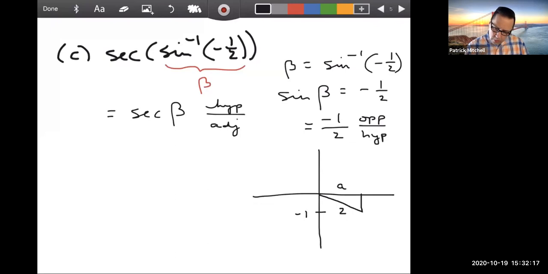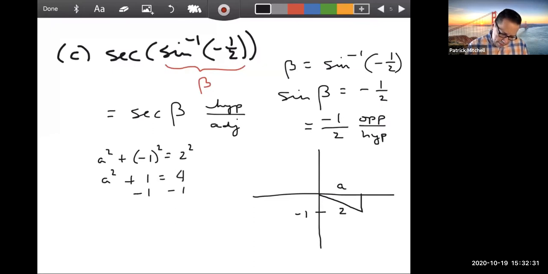This time it's going to be a squared plus the square of -1 equals 2 squared. A squared plus 1 equals 4, so a squared is 3, which means a is the square root of 3.